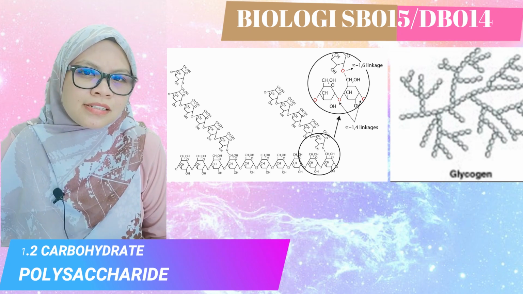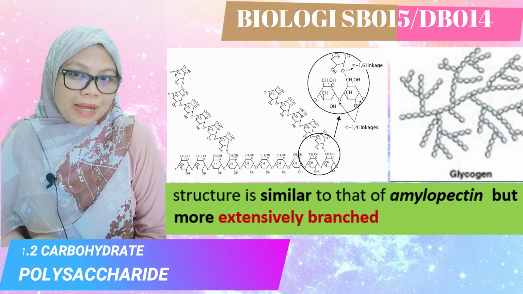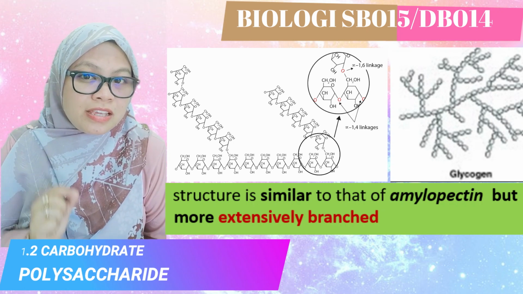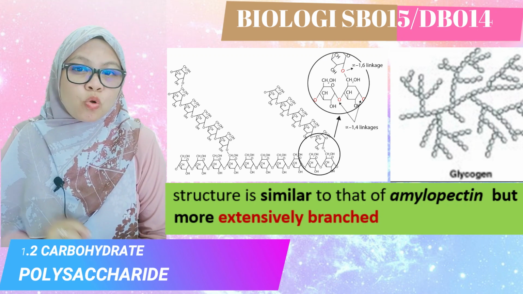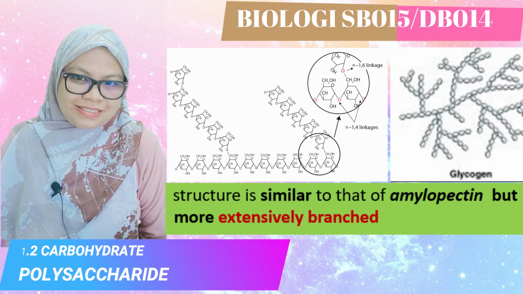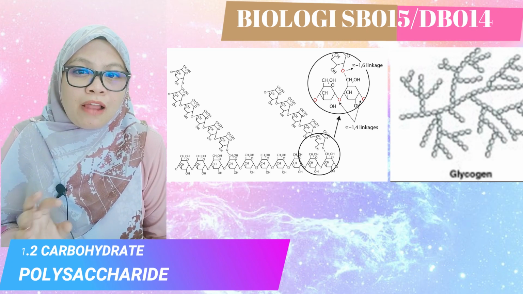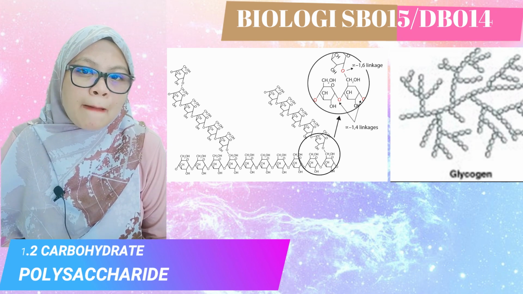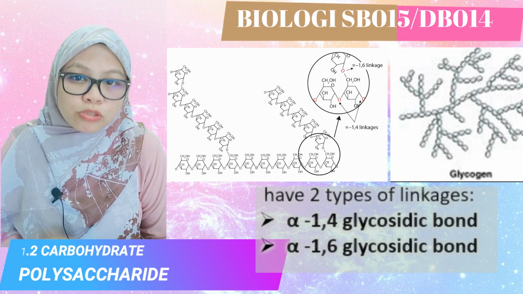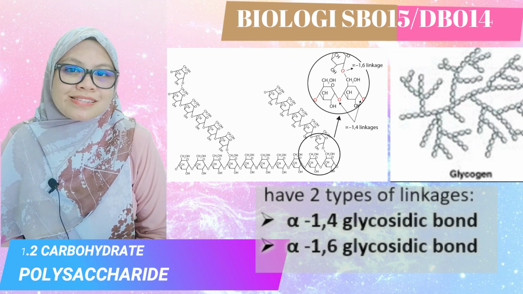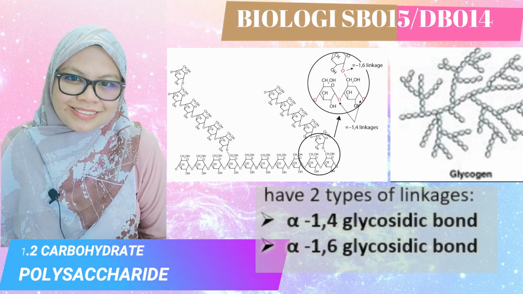Yes, the structure is a branched chain, but the chain is extensively branched compared to amylopectin. Same as amylopectin, alpha glucose is joined by alpha 1,4 glycosidic bond and also alpha 1,6 glycosidic bond, which forms the branch structure.